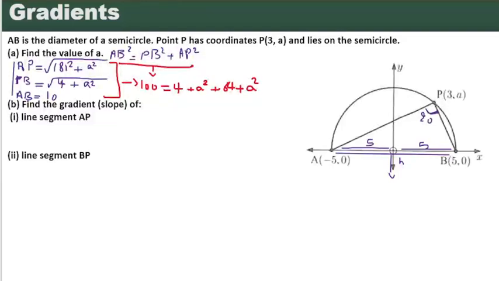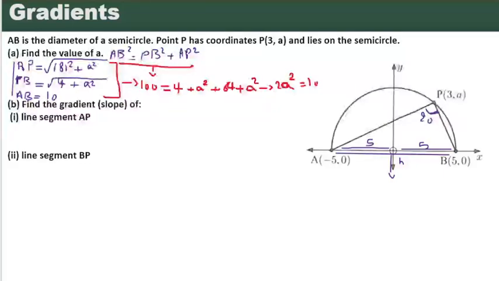Now I collect all the variables here, which is 2a squared, on the left side, and bring all the constants to the right side.